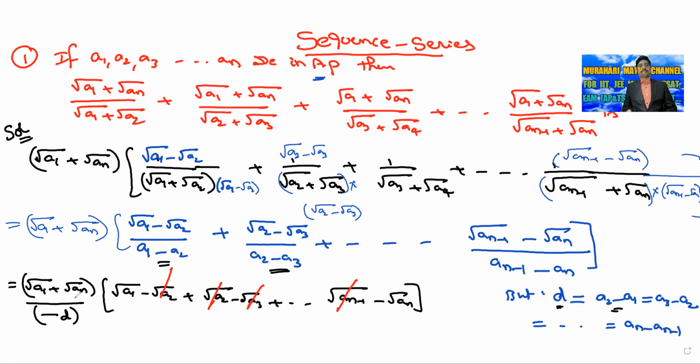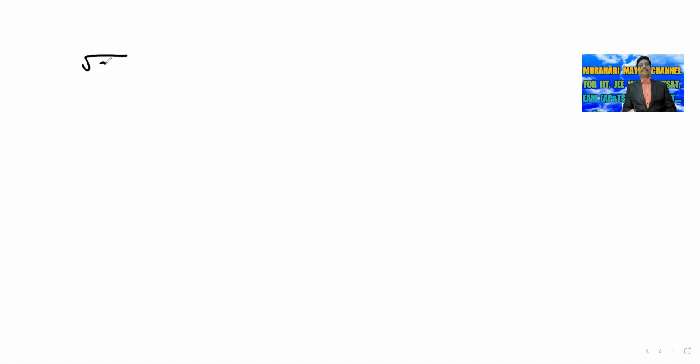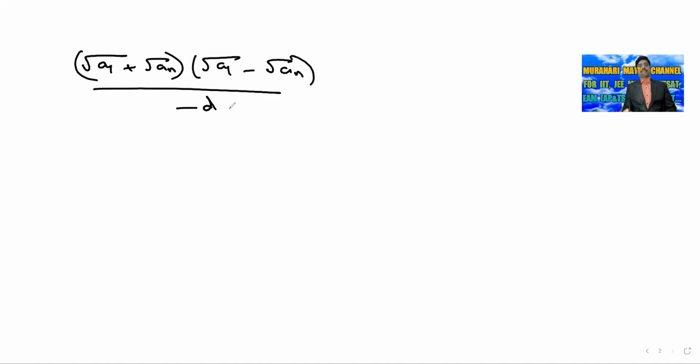Okay, in this we get (√A1 + √An) into (√A1 - √An) by minus D. This is the continuation. So (√A1 + √An) into (√A1 - √An) by minus D is in the form of (a + b)(a - b) = a square minus b square, so A1 minus An by minus D.